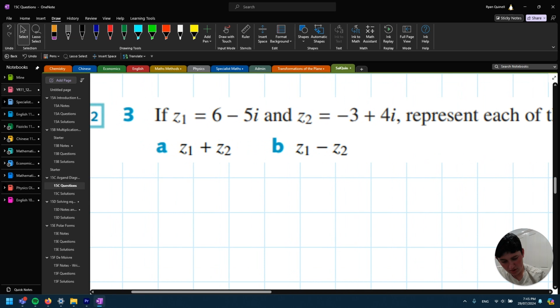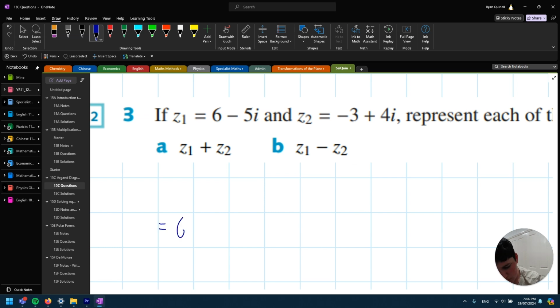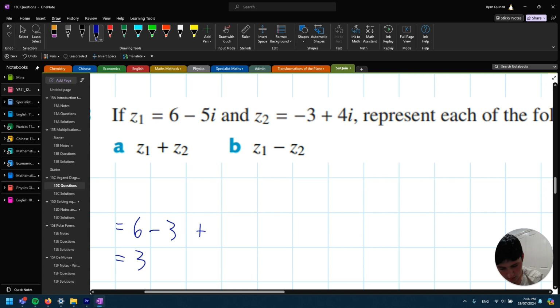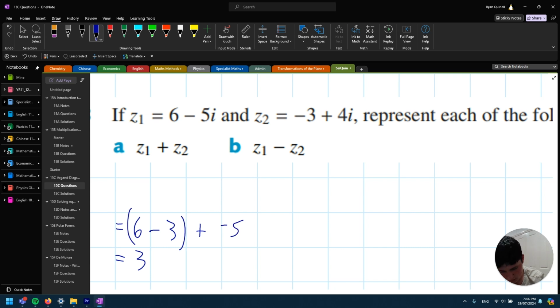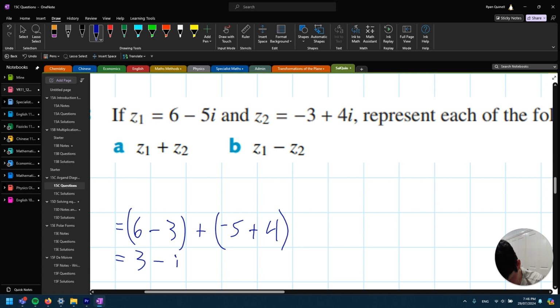If Z1 equals 6 minus 5i and Z2 equals negative 3 plus 4i, Z1 plus Z2: let's deal with the real components, 6 minus 3 equals 3, plus negative 5 plus 4, so 3 plus negative 1, or 3 minus i.